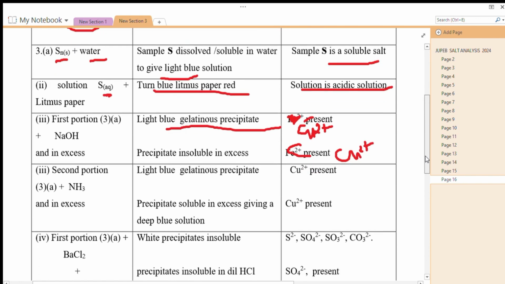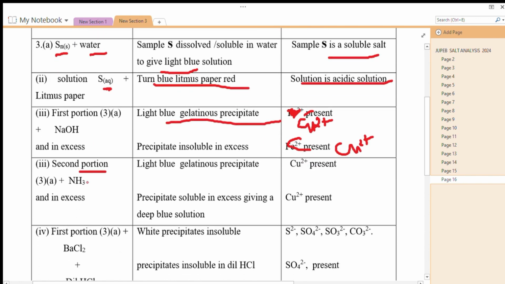All right. Now, when you add the second portion plus ammonia, a light blue precipitate is also there, Cu present. But in excess, the blue precipitate is giving a deep blue solution, which confirms the presence of Cu2+. You can also write confirmed, you will not be penalized.